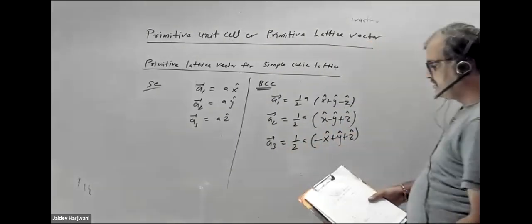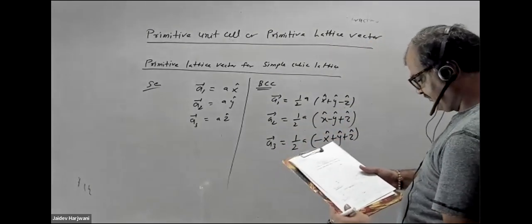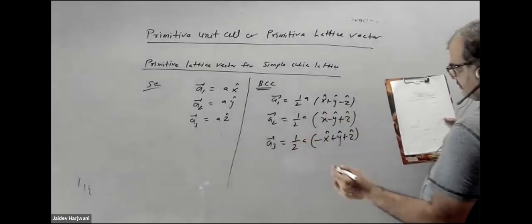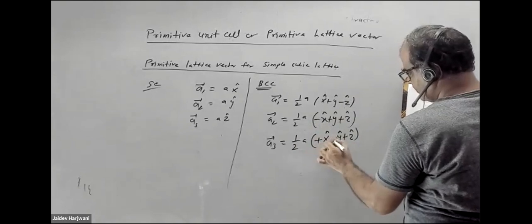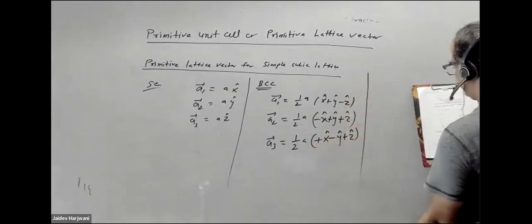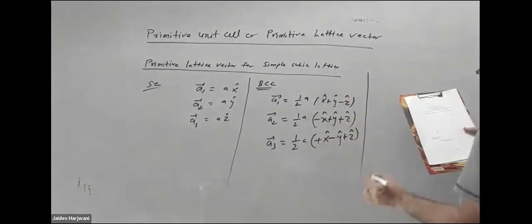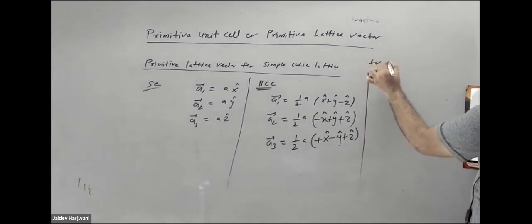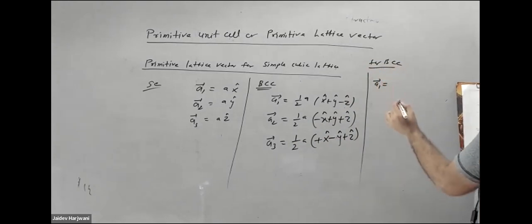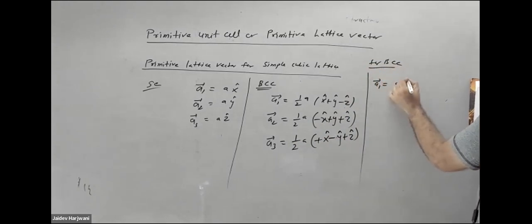So this is one set of primitive lattice vectors. And I can also choose, again for BCC, A1 is equal to A x cap.